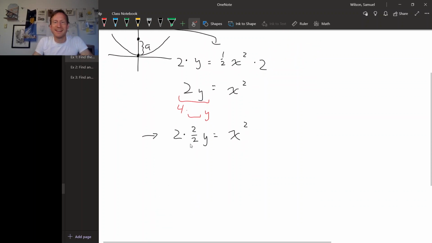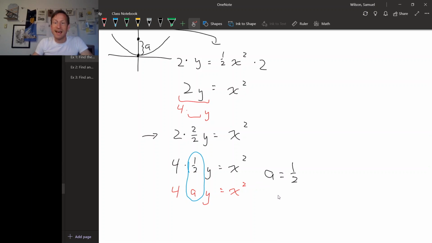But now I can take the 2's in the numerator, which multiply together to give us 4, times 1/2 times y equals x squared. And remember, what we were looking for was 4 times a times y equals x squared. Now we can see what a is. A must be 1/2.